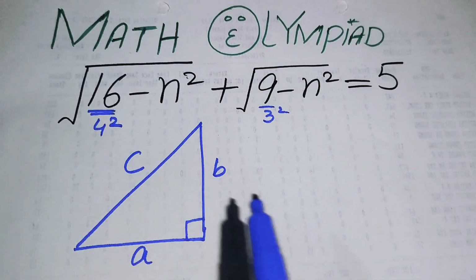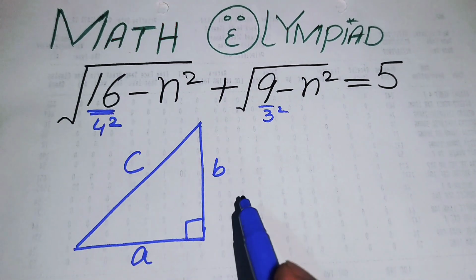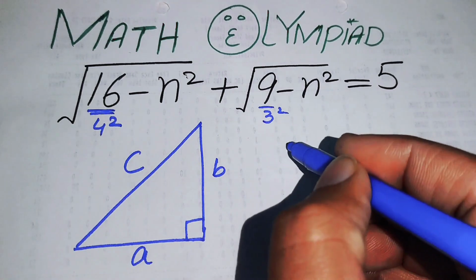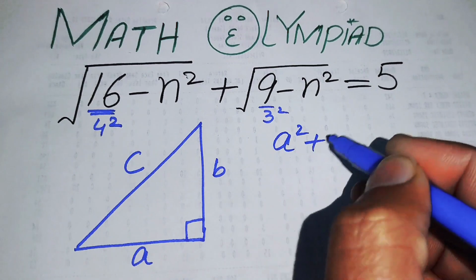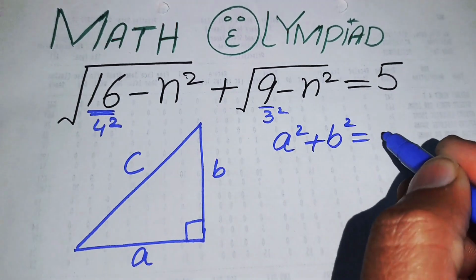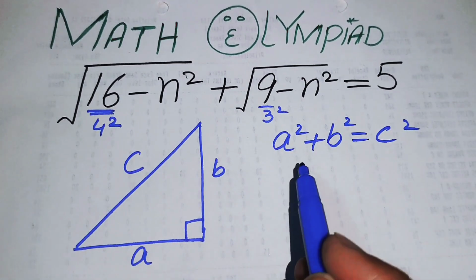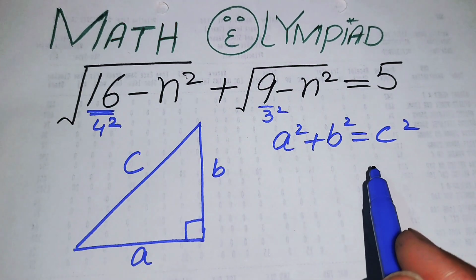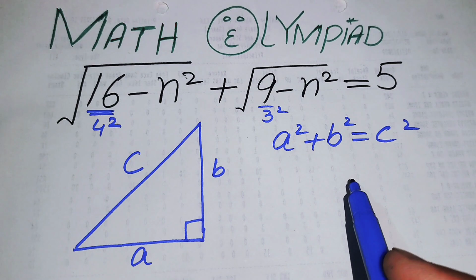If you focus on this right triangle, we know that the Pythagoras theorem holds on the right triangle, so here we write the Pythagoras theorem in this form: a square plus b square equals c square. Here a is the base, b is the perpendicular and c is the hypotenuse.